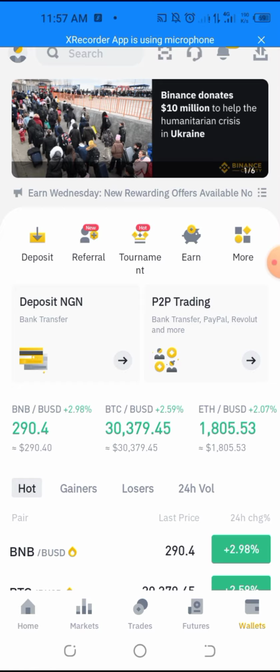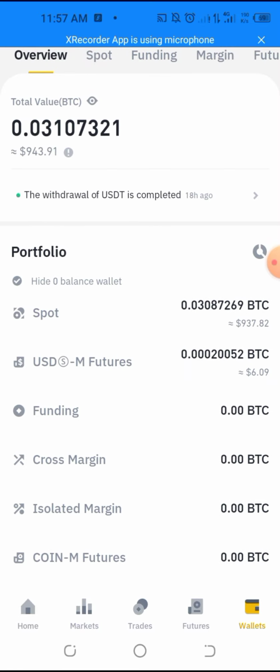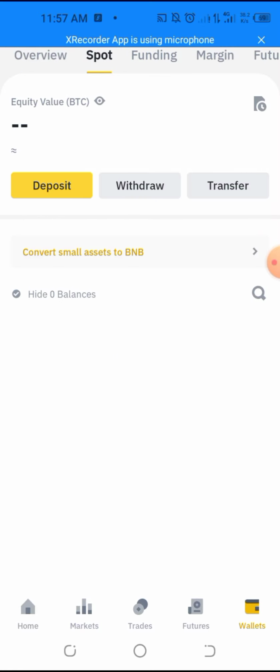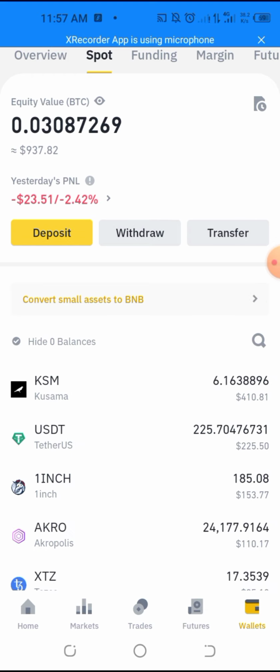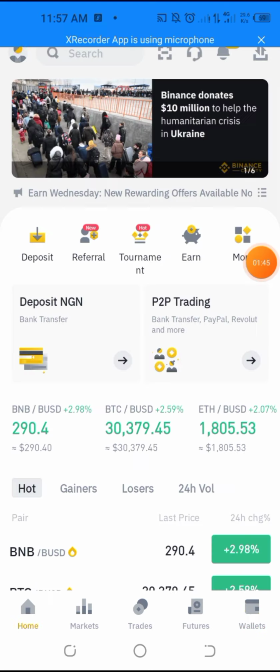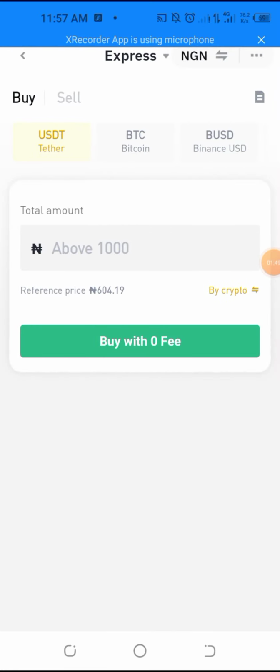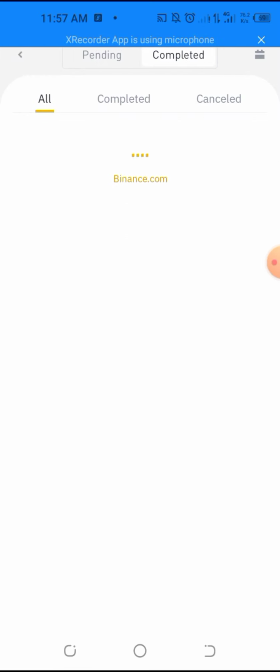You can see if I go to my wallets, you can see overview. I go to spot. If I check when I loaded this, let me see. Let me go to home, P2P trading. I go to completed.